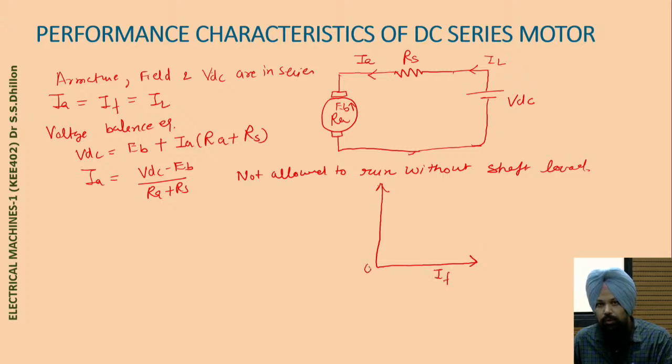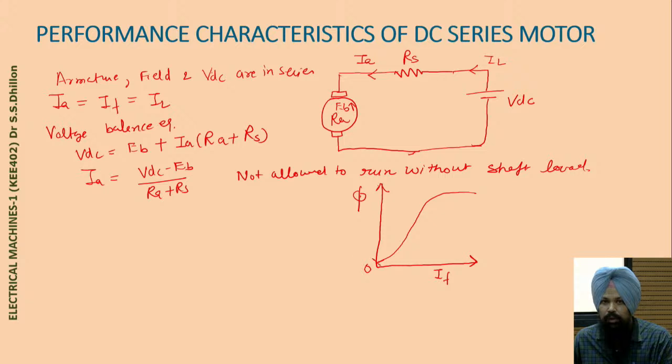You can see over here, for the DC series motor we have to take care about the flux versus field current characteristics. We know that in any field circuit or field winding, the flux starts rising like this, reaches the knee point, and then gets saturated.